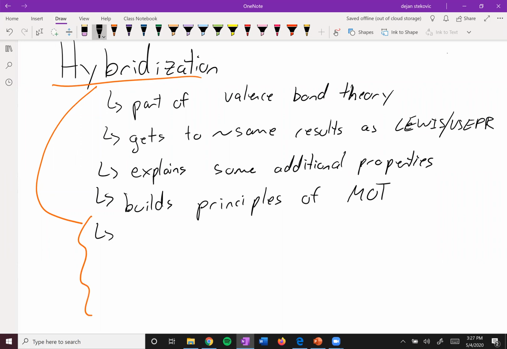So when we say hybridization, what we mean is that the orbitals on a molecule are not necessarily the same as those found on a lone atom. And so what happens is these atomic orbitals mix and thus hybridize to form new hybrid orbitals.